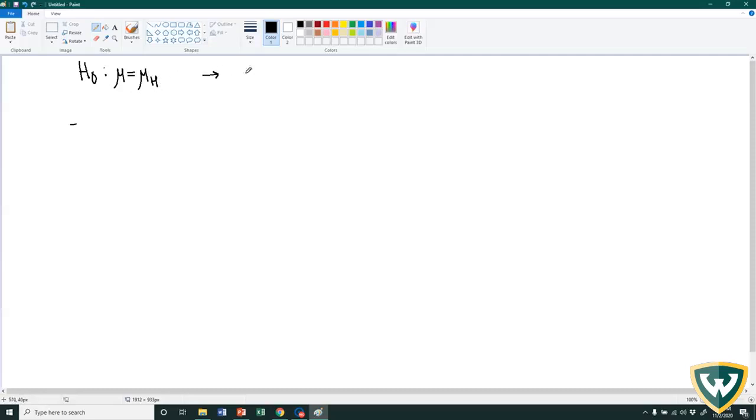So in this case, our null hypothesis is that mu is equal to 3, right? And then your alternative is that mu is not equal to mu h in one sample tests. So in this case, our alternative is that mu does not equal 3.